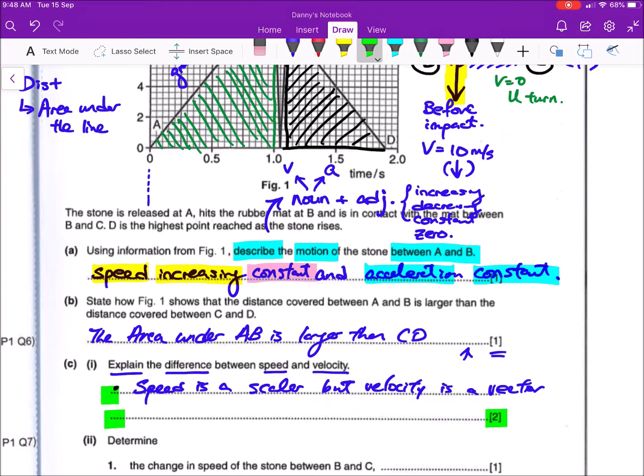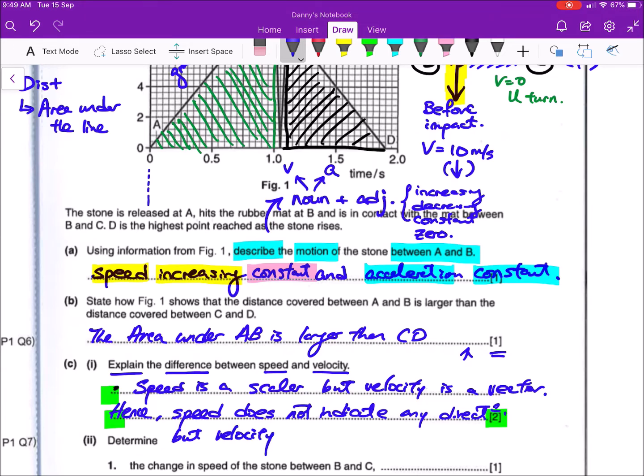So the examiner is asking you to elaborate on the difference between a scalar and a vector. So the second line I will elaborate and say that hence speed does not indicate any direction, but velocity does.